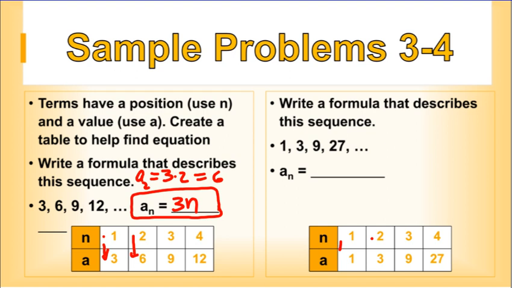We hit a sequence like this one earlier. We said that we were multiplying by 3 each time. So here we're going to have a base, it can be an exponent. It's going to have a base of 3.